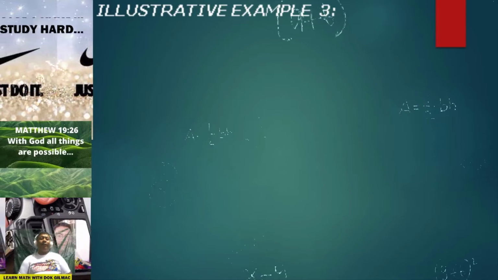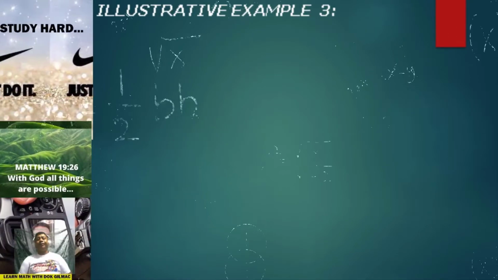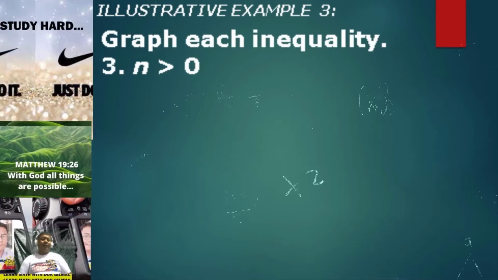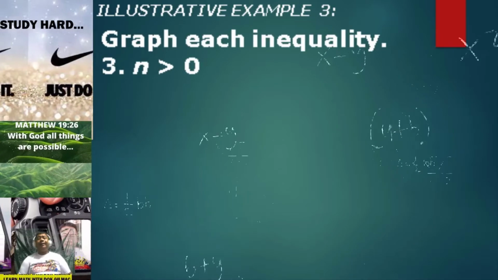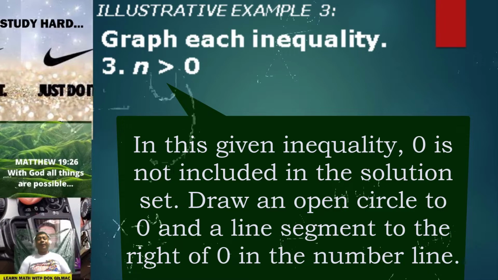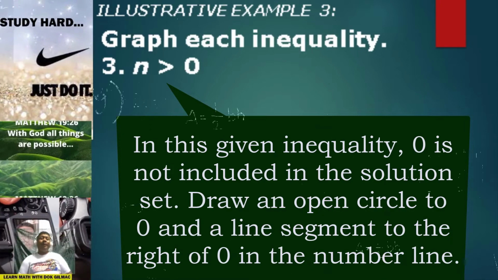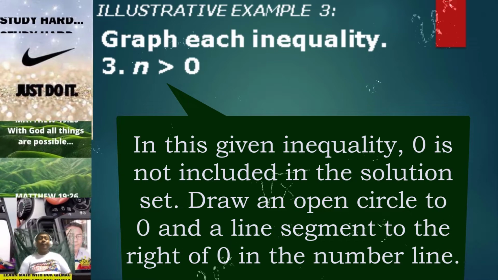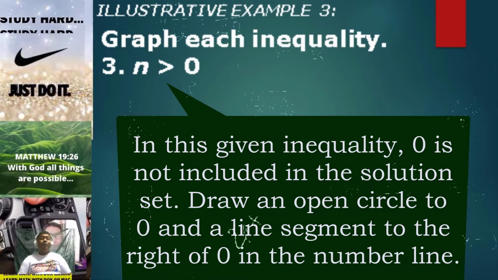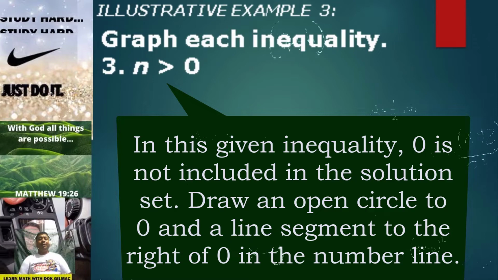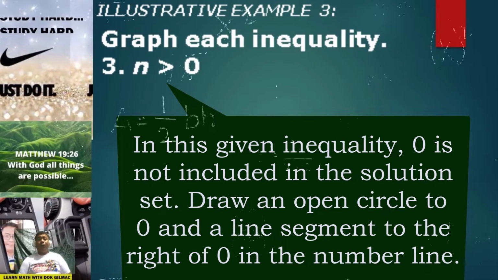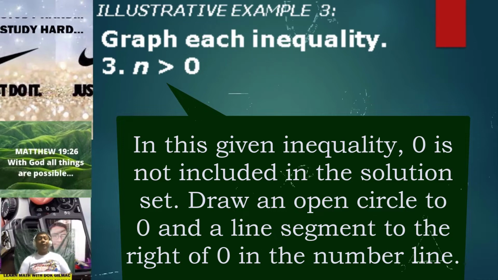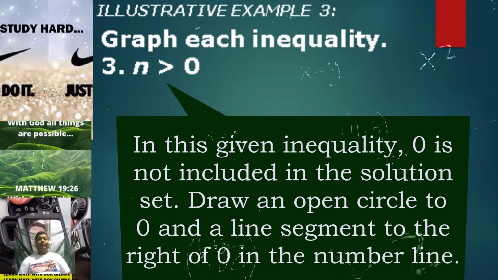Consider illustrative example number 3. Graph each inequality. Number 3. N is greater than 0. In this particular inequality, 0 is not included in the solution set. So we're going to draw an open circle to 0 in the number line.